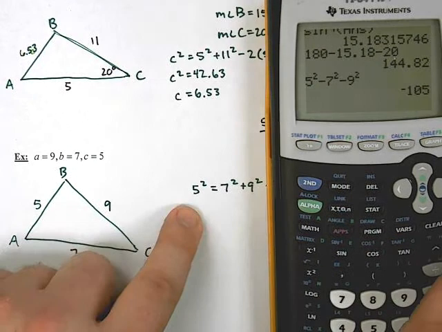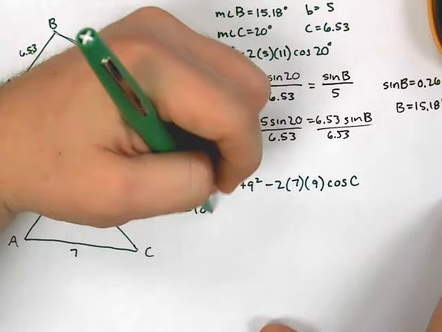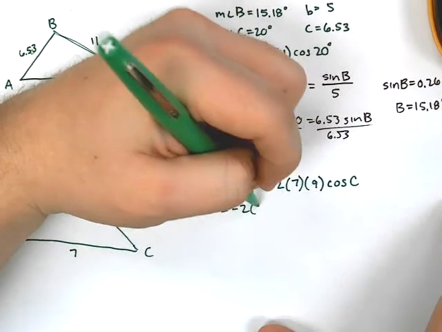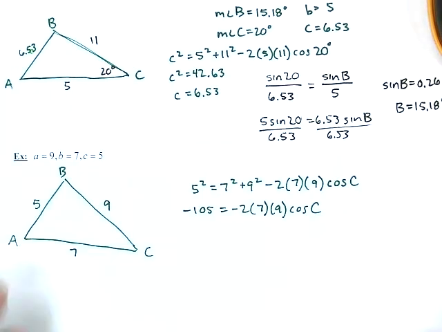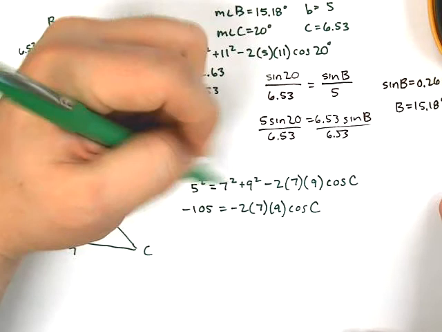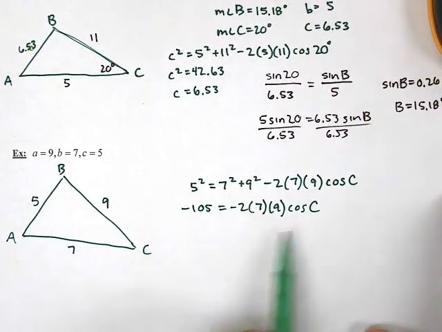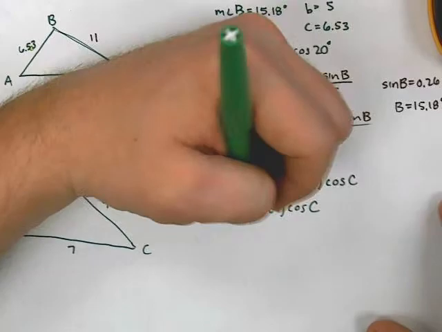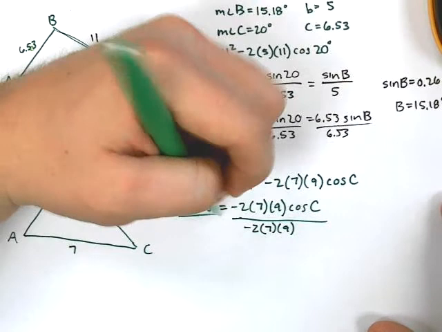And we now know that the left side is going to be negative 105. What did I do? I just moved these over. Now I can use algebra and solve for cosine C. I would divide by negative 2 times 7 times 9 on both sides.